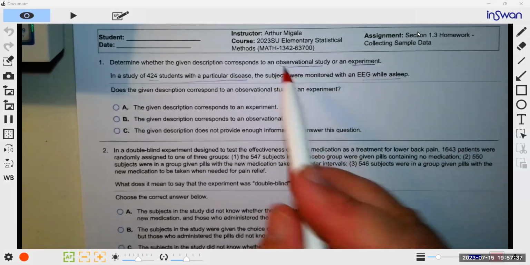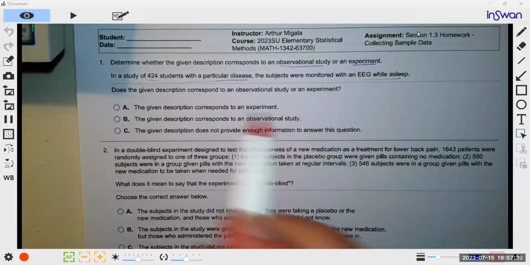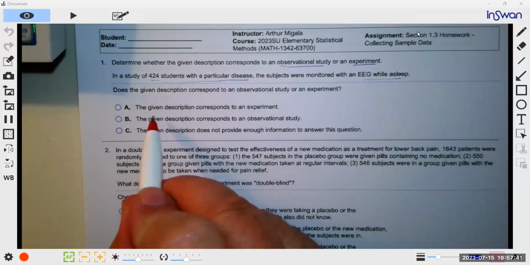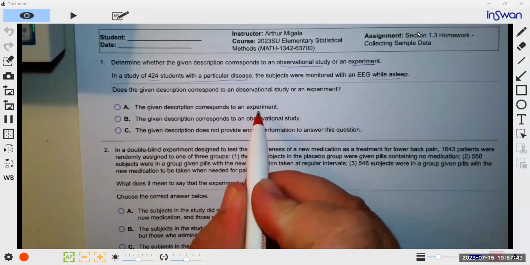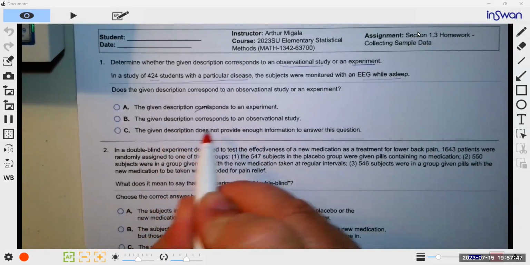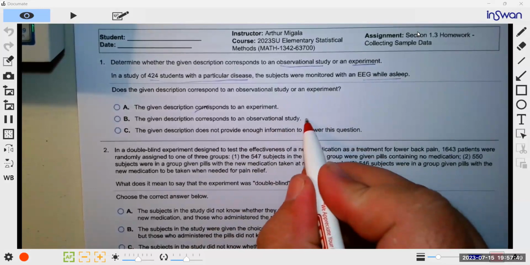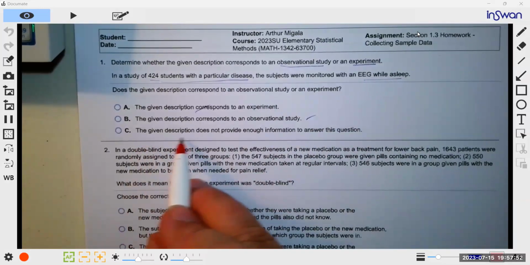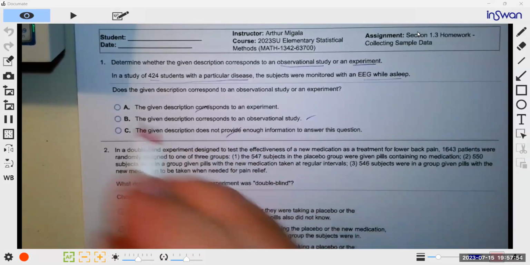All they've done is they're given a temperature. So there's no treatment. The given description corresponds to an experiment? No, because there's no treatment. The given description corresponds to an observational study. Yes, it does. So it's B.